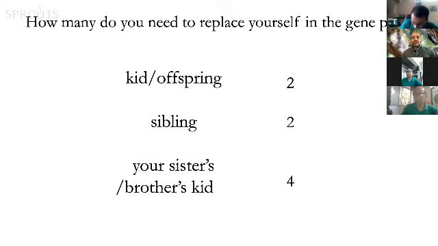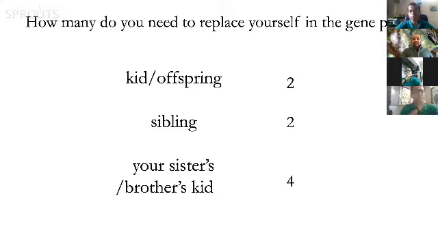So if nothing else, I want you to take away from this presentation that you share 50% of your DNA with your parents, with your kids, and with your brothers and sisters, and that if you have 2 siblings, you've already been replaced. If you have 4 nieces and nephews, you've already been replaced, and so on and so forth. And if you have 8 first cousins, you've also already been replaced in the gene pool. And so all your kids are on top and extra of that.